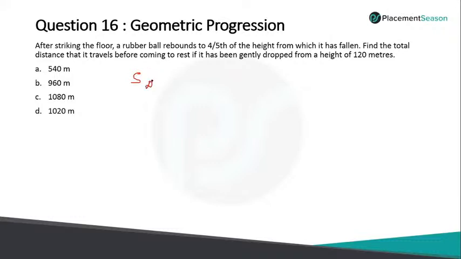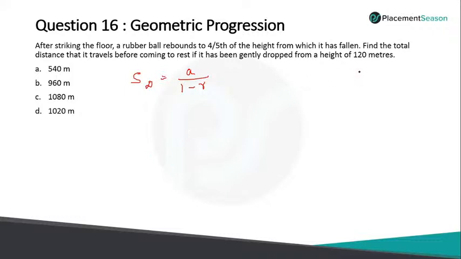So sum of infinity is equal to a, the first term, by 1 minus r, where r is the ratio. Now we will find the total distance that it has covered. In the first drop, when we had dropped, it has fallen 120.